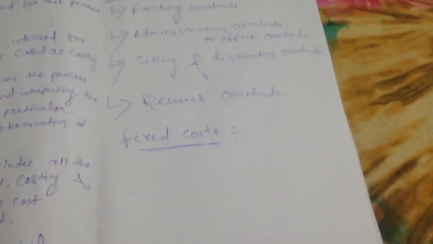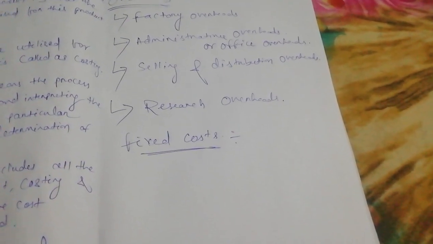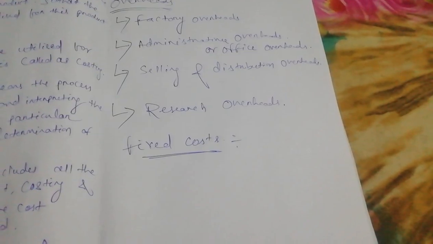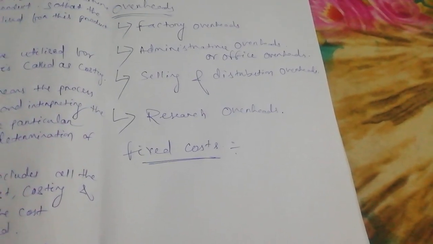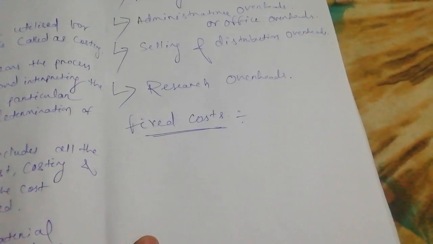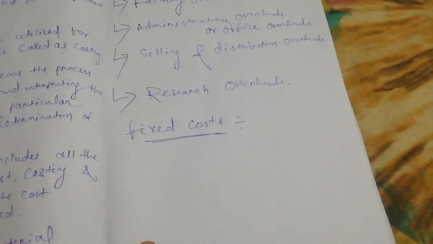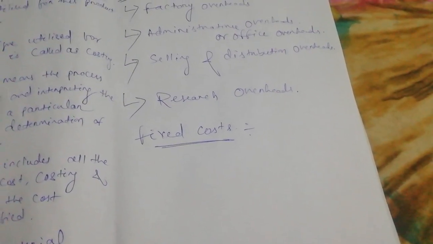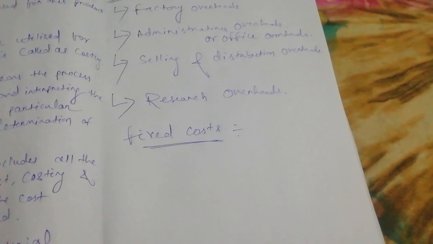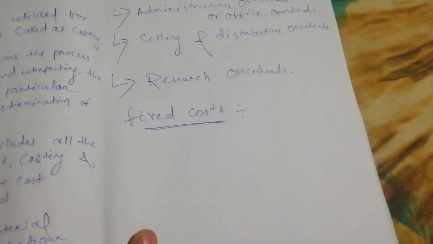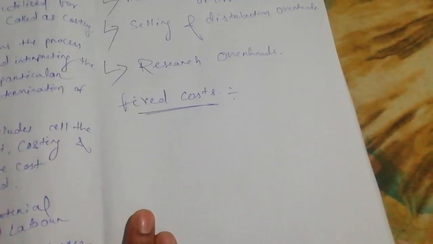Production happens or does not happen, that does not mean that we do not pay the office rent. Office insurance, the premium we have to pay irrespective of production. These are the expenses which are to be expended compulsorily, so it is called fixed cost.